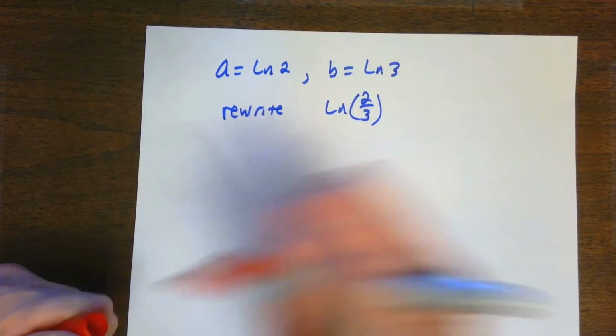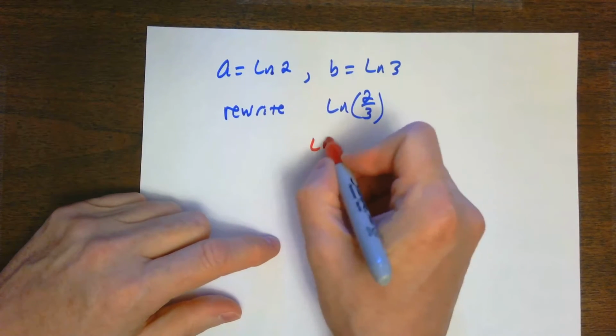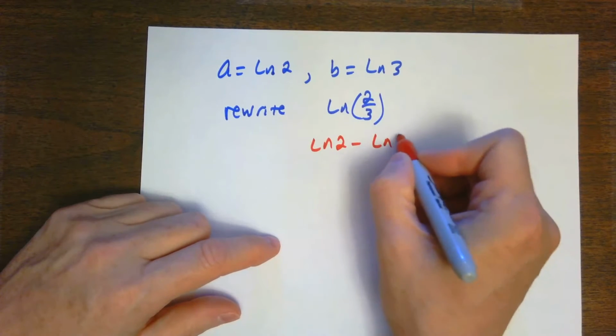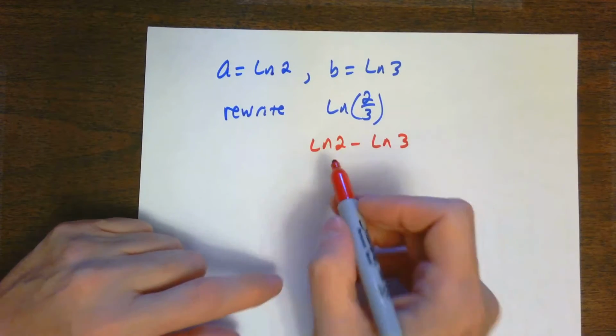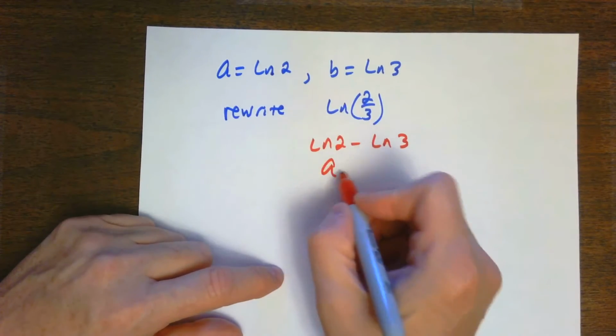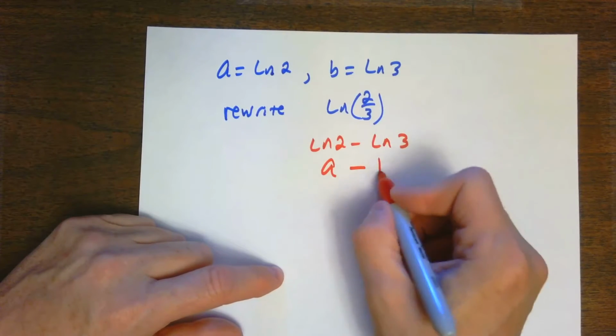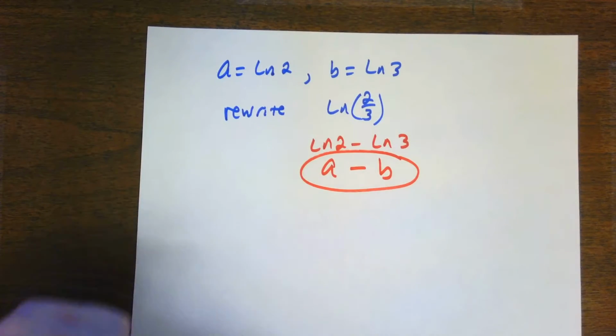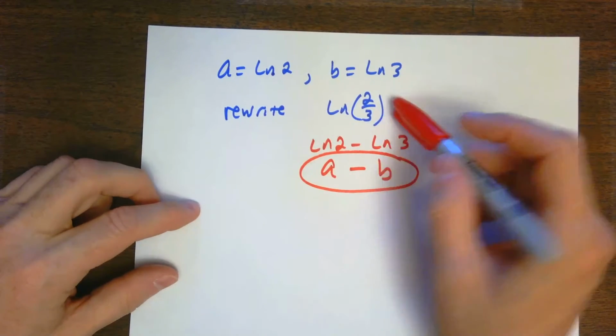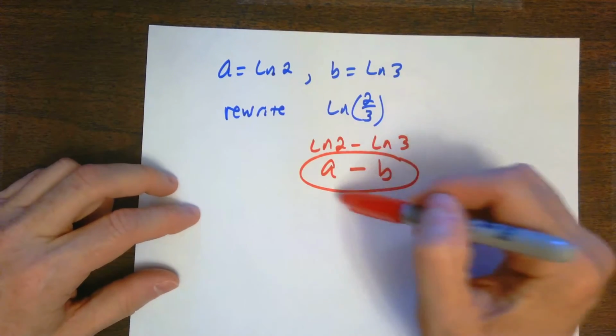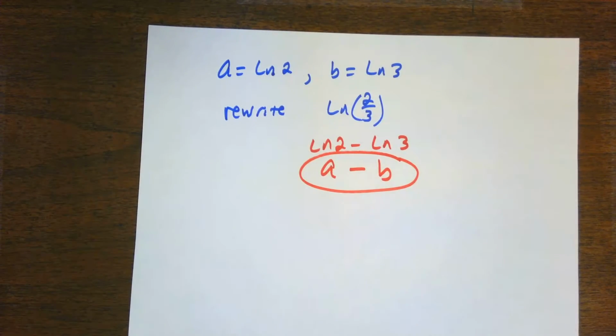Well, I can use the quotient rule and write it as the natural log of 2 minus the natural log of 3, but the natural log of 2 is a, minus the natural log of 3 is b. So I want to rewrite everything in terms of natural log of 2 and natural log of 3, and then substitute a's and b's.